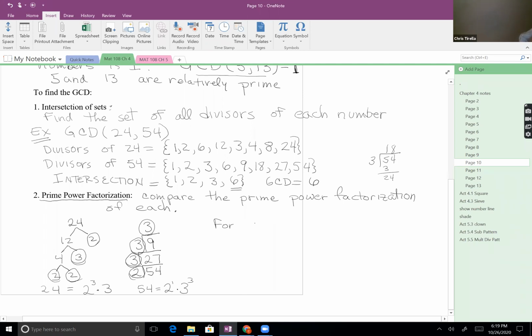For the GCF, we use the lowest exponent on any common factors.